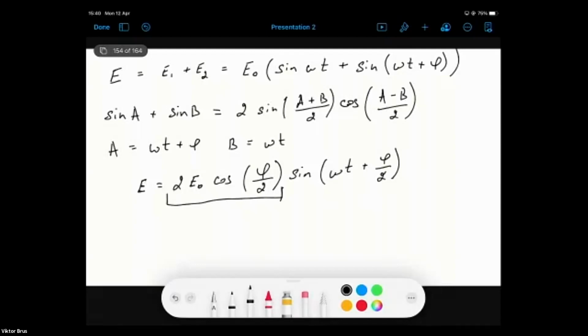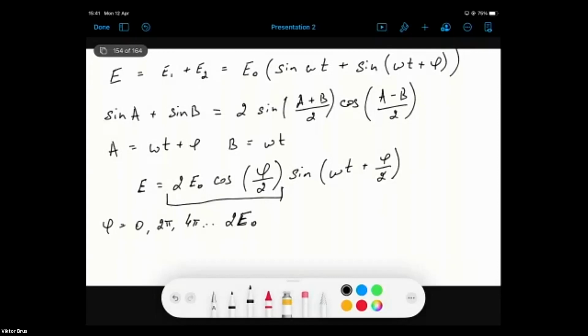So if phi is equal to 0, 2 pi, 4 pi, and so on, the amplitude of the resultant interference signal will be 2 times E naught.